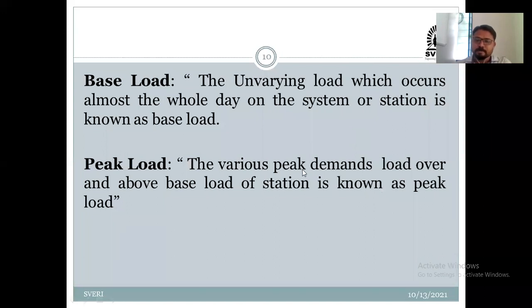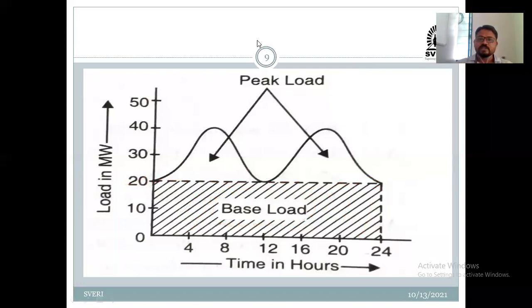The various peak demand loads over and above the base load of the station are known as peak load. बघा काय म्हणतंय? Now see here, this is the base load, but above this base load there are some demand rises, and due to that there is a shifting of your load curve in such a way.